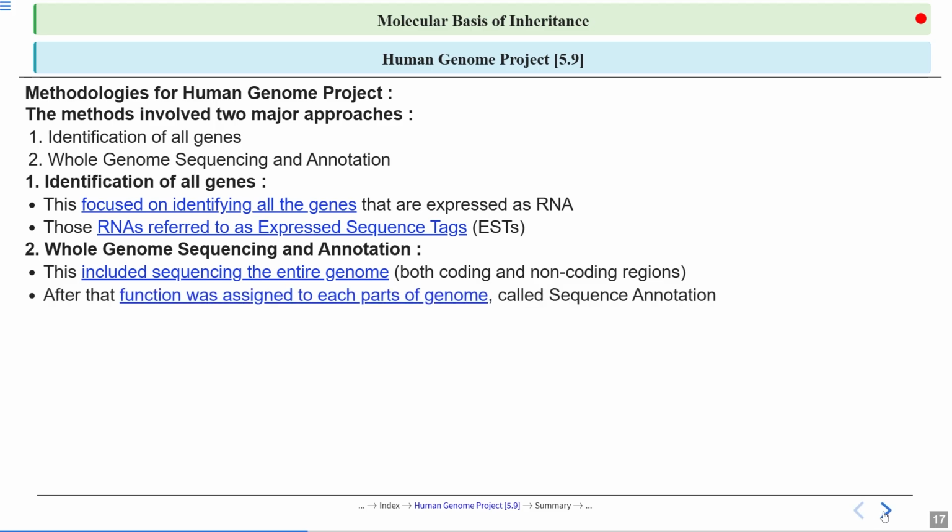After that, function was assigned to each part of the genome, called sequence annotation. Assigning function to the parts of the genome is what they call sequence annotation.